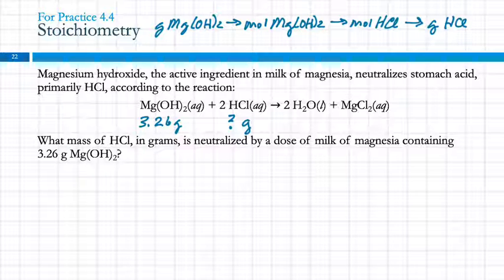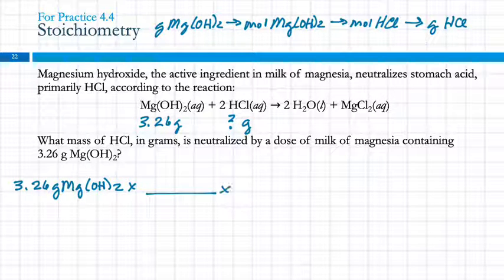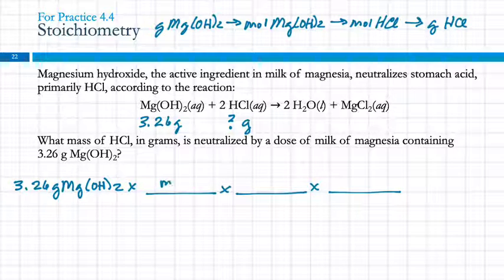So I've got my 3.26 grams of magnesium hydroxide. I've got 3 arrows. It's very common. So 3 lines. Grams to moles to grams. Grams of magnesium hydroxide to moles of magnesium hydroxide, to moles of HCl, to grams of HCl.